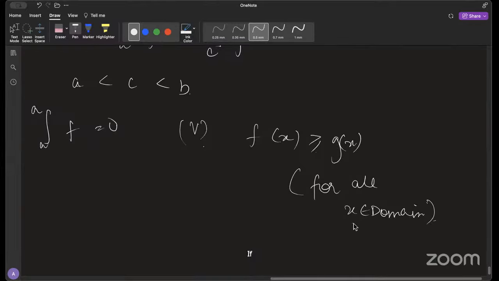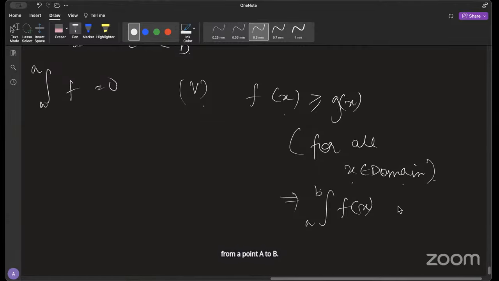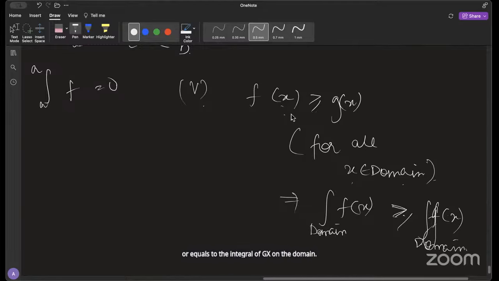If except for some finite number of elements in the domain, your fx is always greater than gx, then this implies the integral of fx from a point A to B will be greater than the integral of gx from A to B, or you can write it on the domain. The integral of fx on the domain will be greater than or equal to the integral of gx on the domain. We're assuming that the domain of both of these is the same.